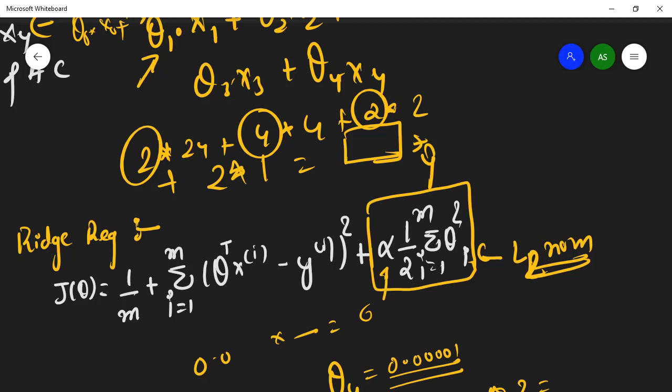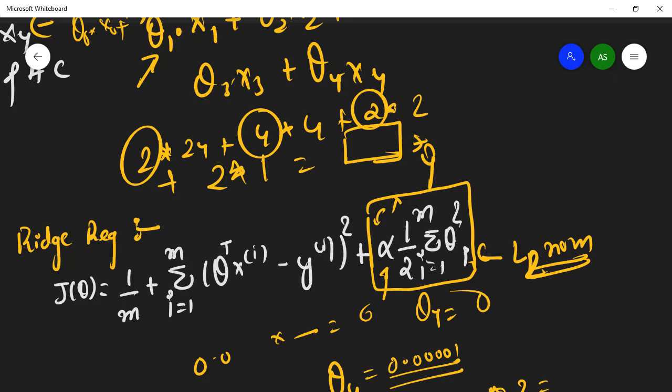If your alpha is large, or lambda is large, since some people may write this as lambda also, so don't be confused, then it will make theta 4 equal to 0, fully 0. It simply eliminates it. It is very strict. What I like to remember is that it controls the strictness.